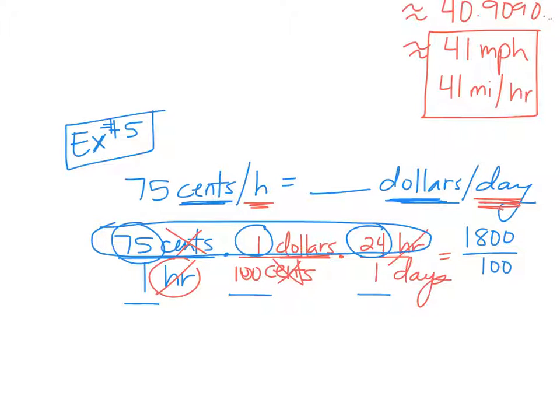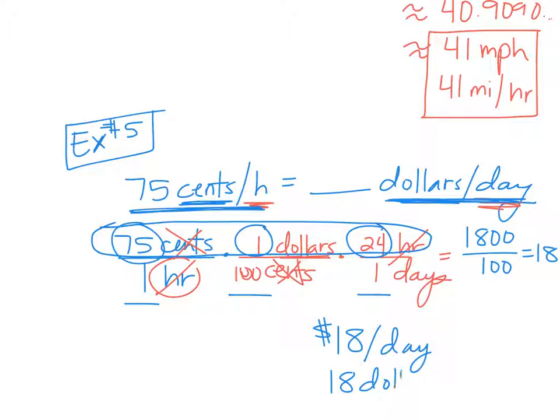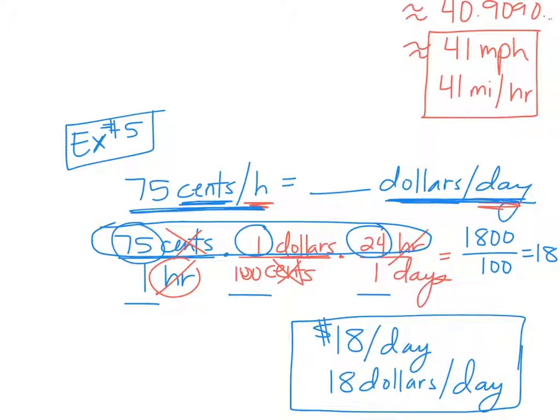So if you do 1,800 divided by 100, you get 18. So the question was 75 cents per hour is how many dollars per day? So that would work out to $18 per day, or you can write it out $18 per day if you prefer. Okay, so either one of those is fine.